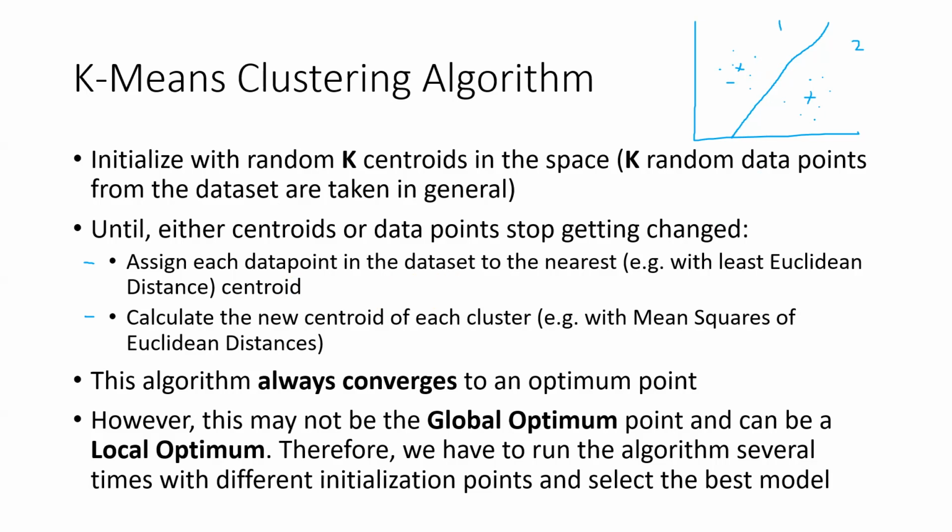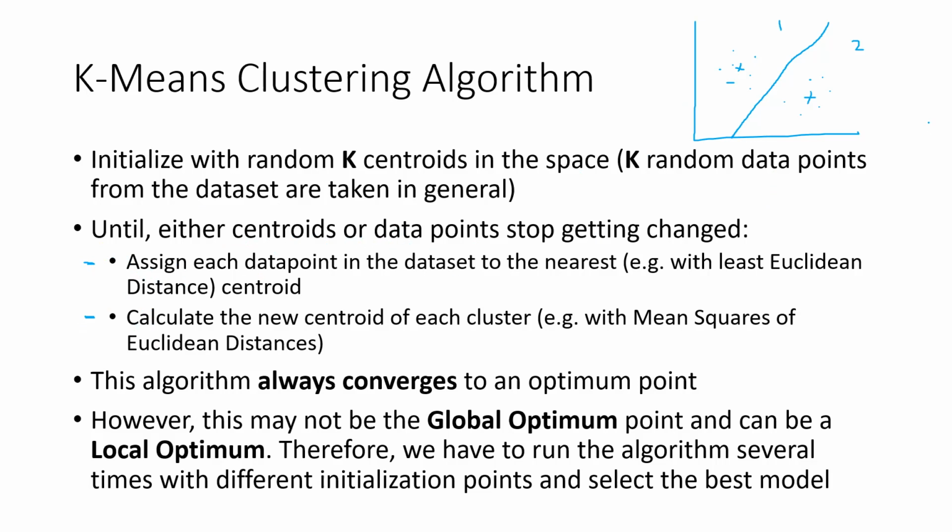And then the second step is, for each of the clusters, we define the centroids again, right? So let me explain again. In this algorithm, we are repeating these two steps iteratively until neither the centroids nor the data points related to the clusters get changed, right?